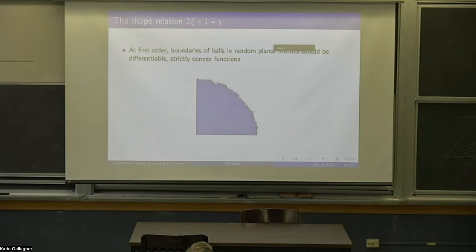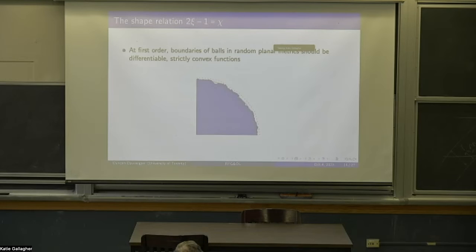So the first relation is what we call the shape relation. Sometimes I've seen this called the KPZ relation, but it's a little bit more general. This actually holds in all dimensions, and it's based on the following. If you look at the boundary of a ball in a random planar metric, then what you should see is a nice function.